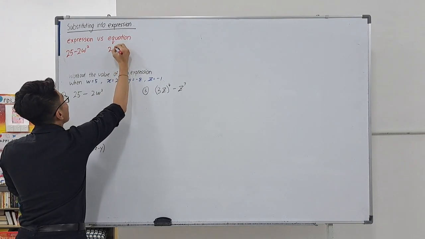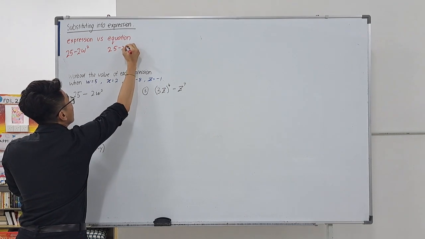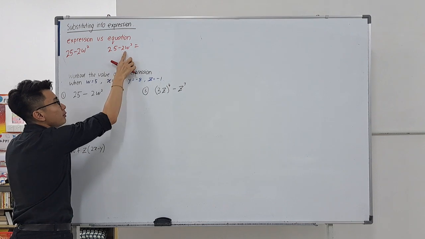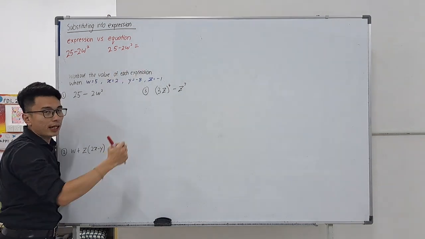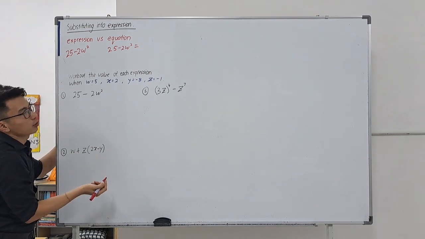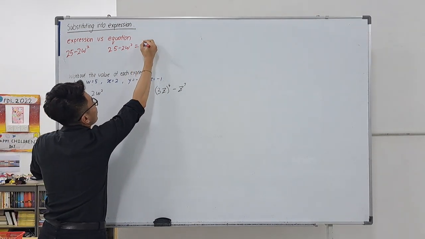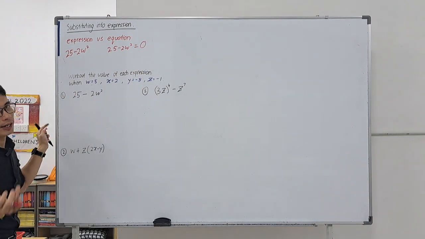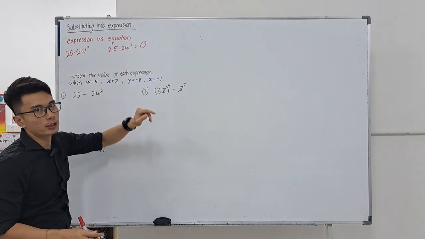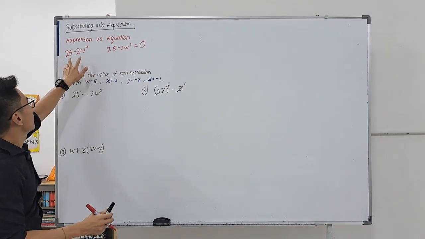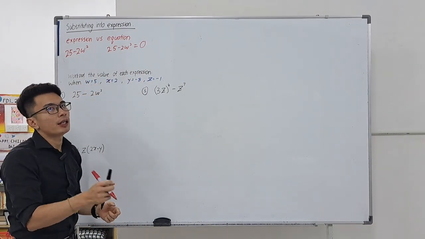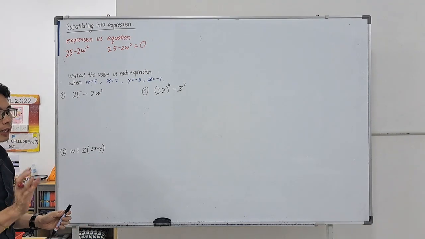I can write the same thing and add the equal sign, and this has to equal something, maybe in this case equals 0, just for example's sake. So the difference between an expression and an equation is that the expression does not have an equal sign, and the equation does. So that's about it.